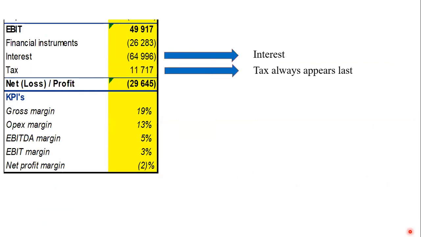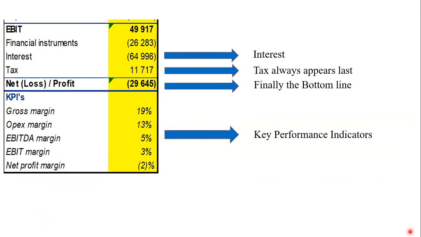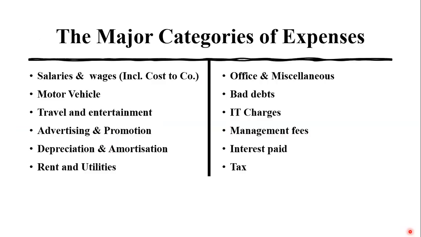Interest is self-explanatory, and tax always appears last because it's calculated on all the above. And then finally your bottom line, which is your profit. Then you can also add some key performance indicators. It's always good to include these at the bottom for easy reading rather than having to put them on a different report.